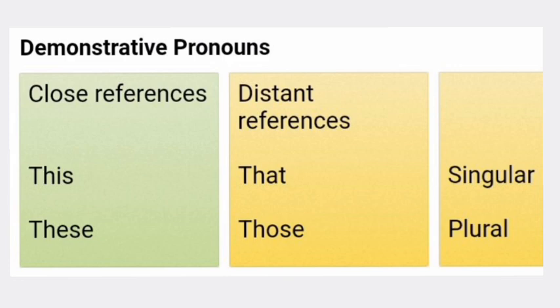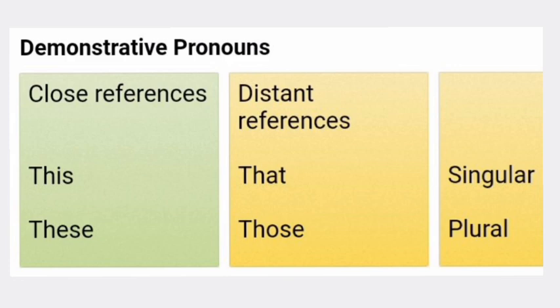And when this is in plural form, it automatically changes to a longer sound, and you have these houses, these teachers, these pencils, and like that. And then when you have the plural form of the distant reference, then you have those teachers, you have those houses, those cars, and expressions like that.